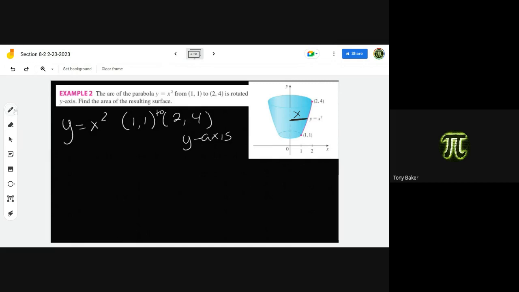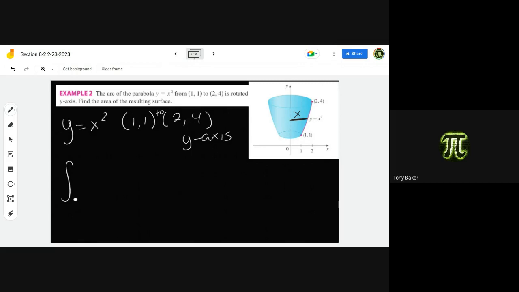So let's set it up. Since we're going around the y-axis, we're going from 1 to 4. Actually, I lie.